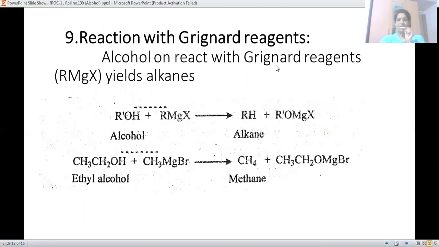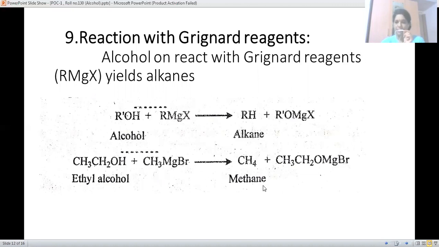Grignard reagents. When the alcohol reacts with the Grignard reagent, magnesium is mandatory and a bromide, any halide, is mandatory for these reactions. When the alcohol reacts with the Grignard reagent, the product synthesized is alkane. Ethyl alcohol reacts with the Grignard reagent.